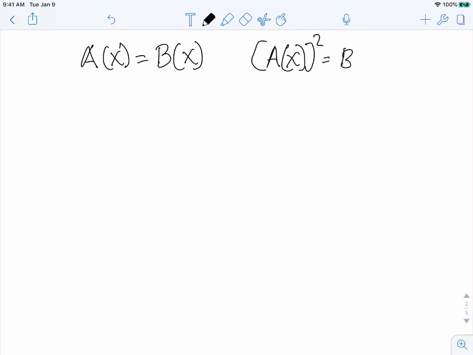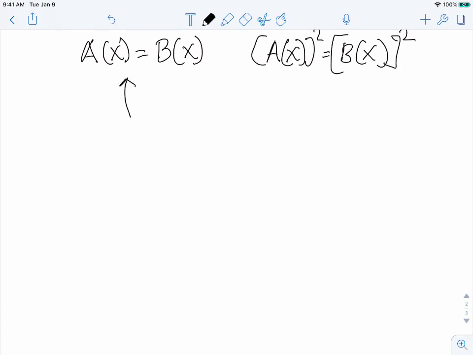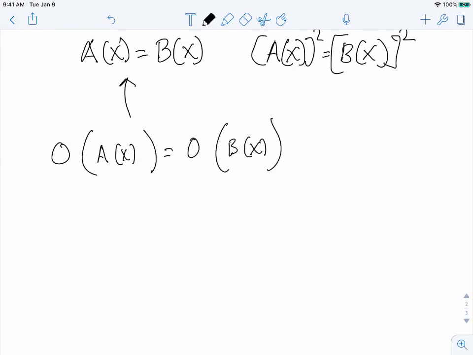These exercises show that this equation is not equivalent to this one. In other words, you will get different solutions, different values of x. And in general, this equation is not equivalent to this equation, where O is just some operation, unless that operation is invertible.